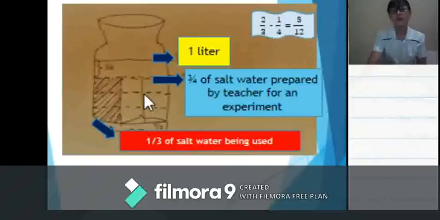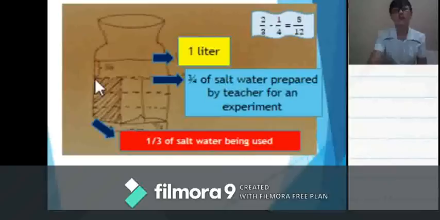In this experiment, they used 1/3 of the salt water. So if we divide or cut this 3/4 of salt water into 3, this would be the 1/3 of salt water.